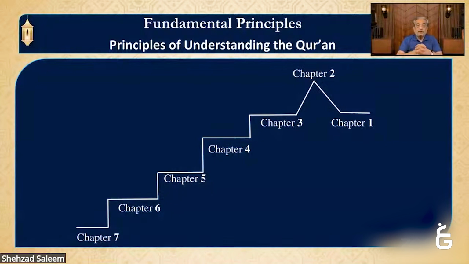So remember, the 7th chapter delivers warning and glad tidings. And after that, in the 6th, 5th, 4th, and 3rd chapters, besides this theme of delivering warnings and glad tidings, it adds the theme of spiritual purification. And as we've just seen that the 2nd chapter is the culmination of the chapters, so it is here that the warning, or in technical terms, the inzar of the Prophet reaches its culmination.